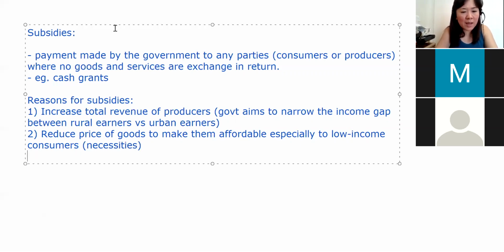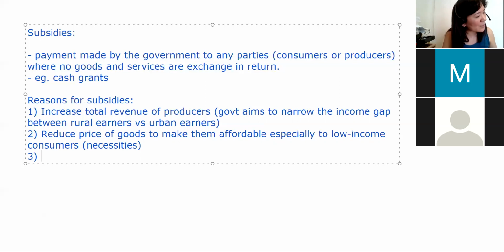That's why in countries like Malaysia, for instance, petrol and diesel are subsidized, to make them affordable to low income consumers. But that isn't necessarily a good thing, because even high income consumers get to benefit from the lower diesel prices.